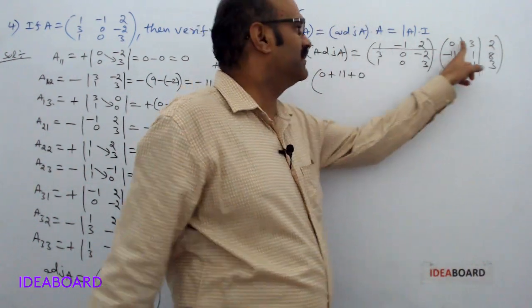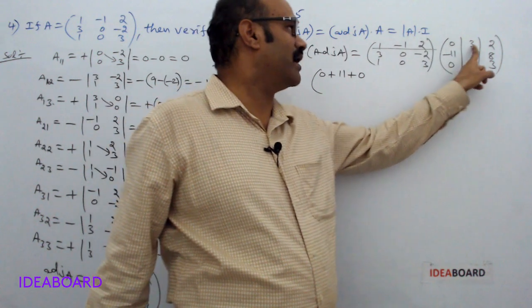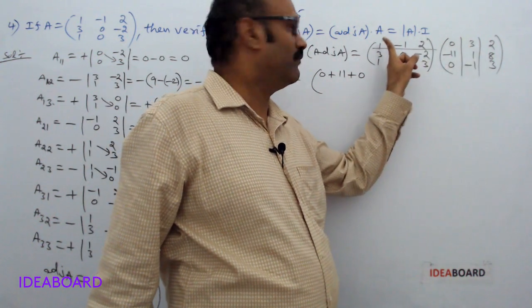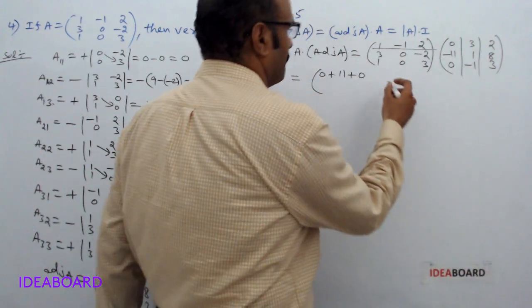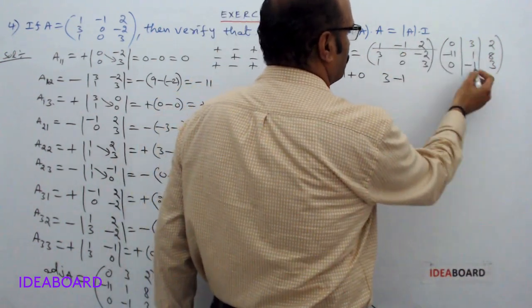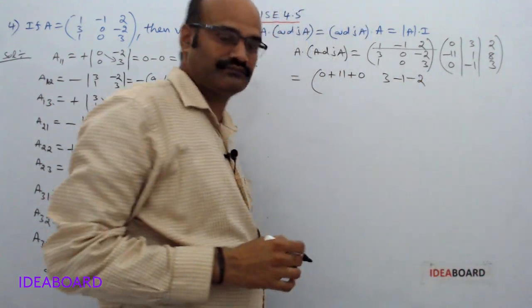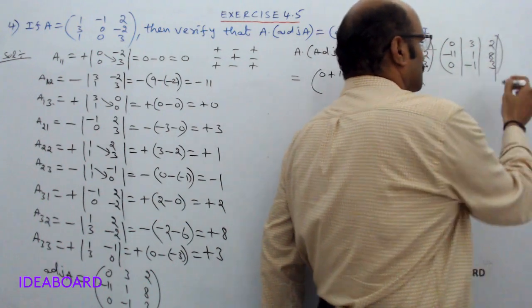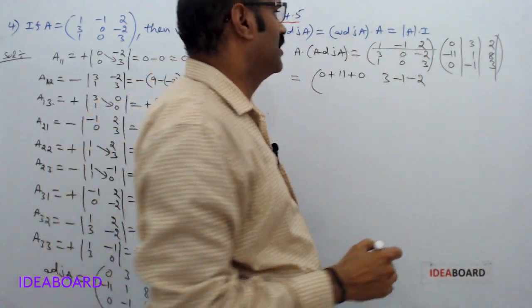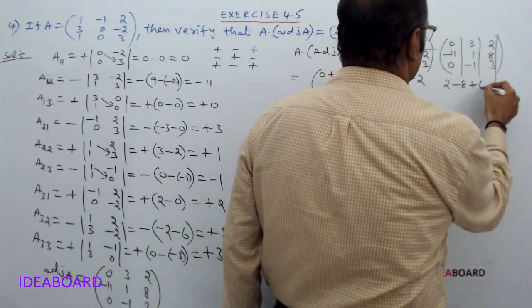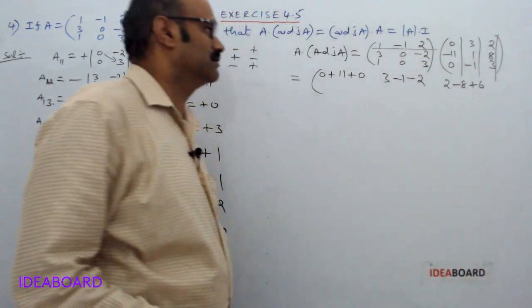Corresponding elements we have to multiply and the remaining elements we have to add. After multiplying we add 1 into 3, 3, minus 1 into 1, minus 1, minus 2. Next, first row into third column, 1 into 2, 2, minus 8, plus 2 into 3, 6.